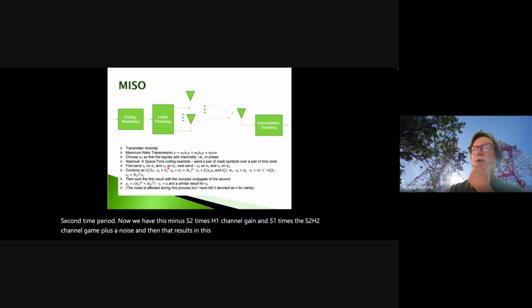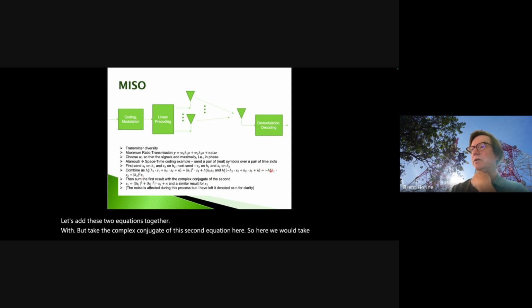So now we've got two equations here and two unknowns, right? So what we're trying to do is estimate S1 and S2, right? So let's add these two equations together but take the complex conjugate of this second equation here. So here we would take the complex conjugate of this.